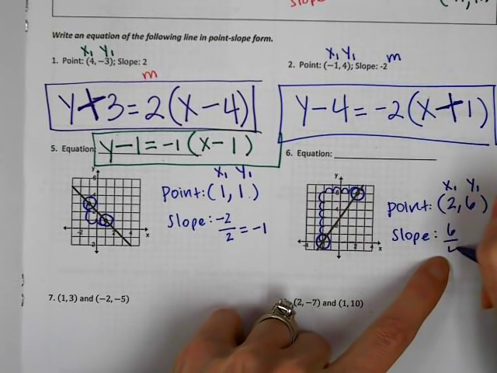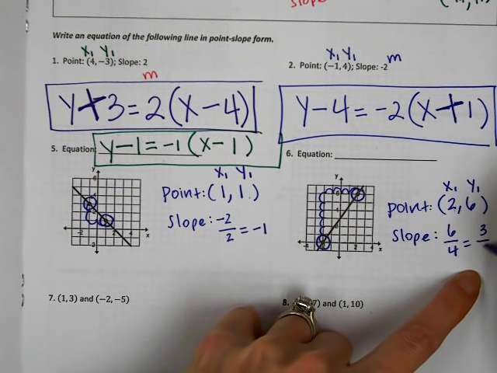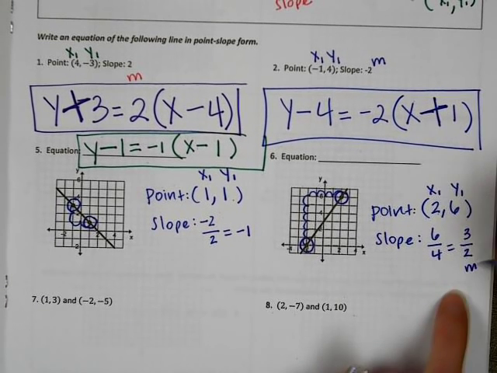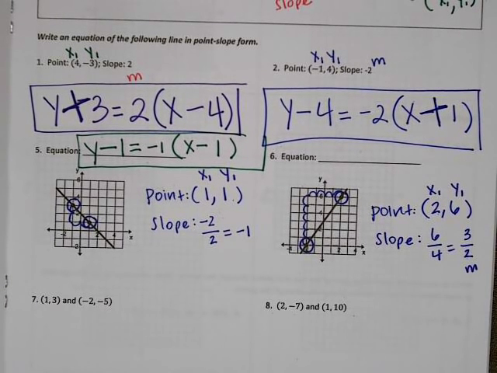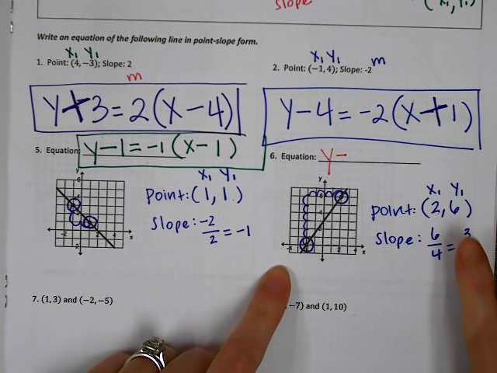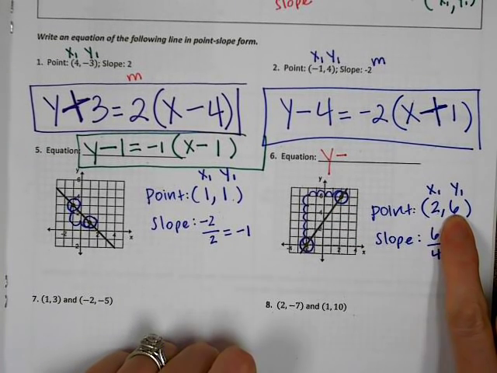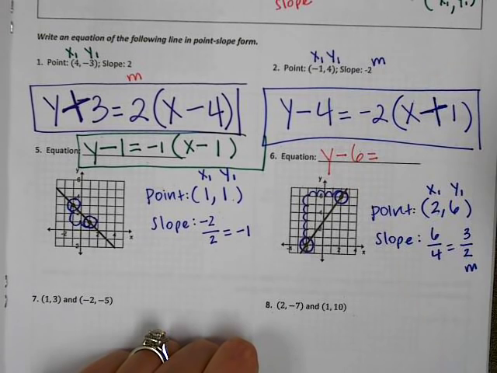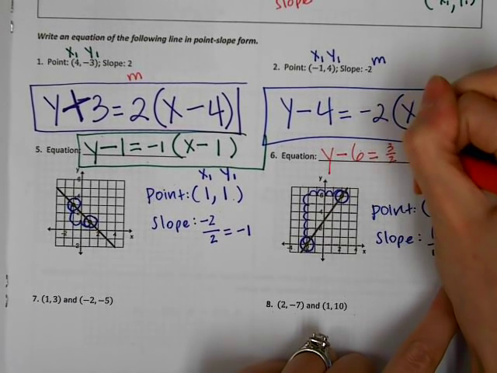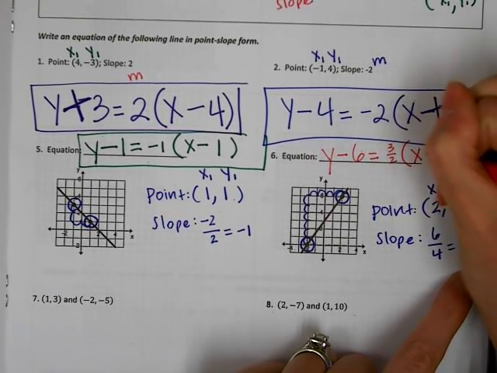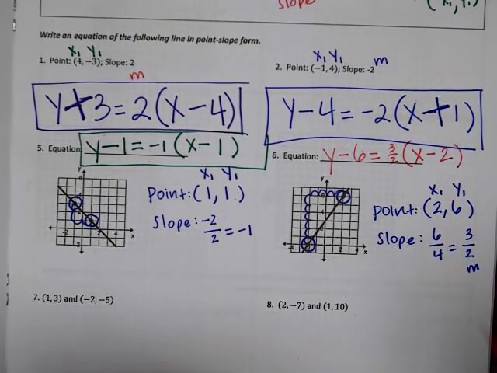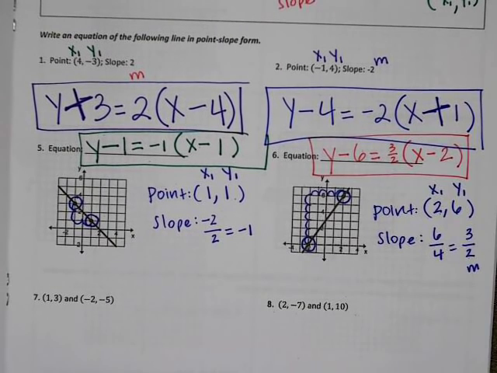So up 6 over 4 reduces to 3 halves, and that's going to be your m. Okay, and then it's really easy. It's y minus y1, so y minus 6, equals m, which is 3 halves, times x minus x1, which is 2. And again, you leave it like that, you are done.